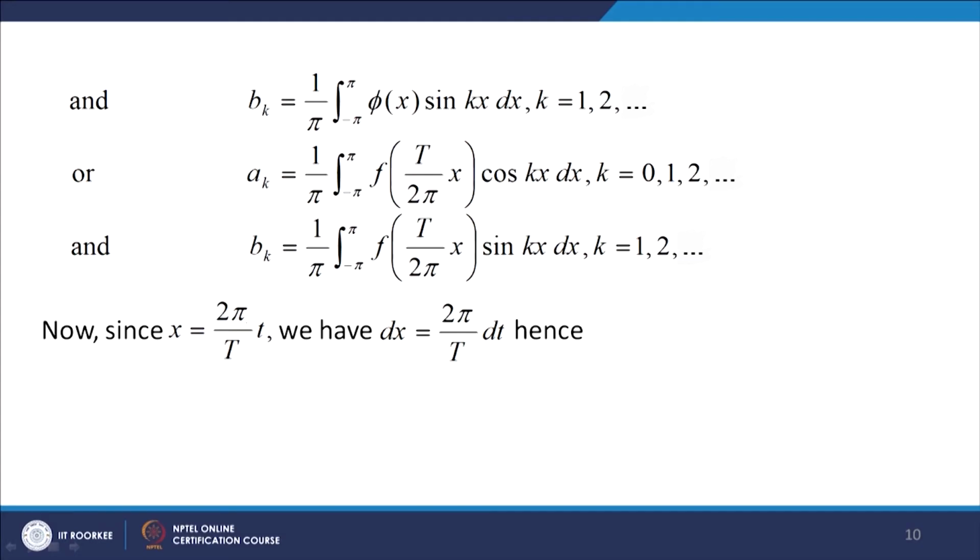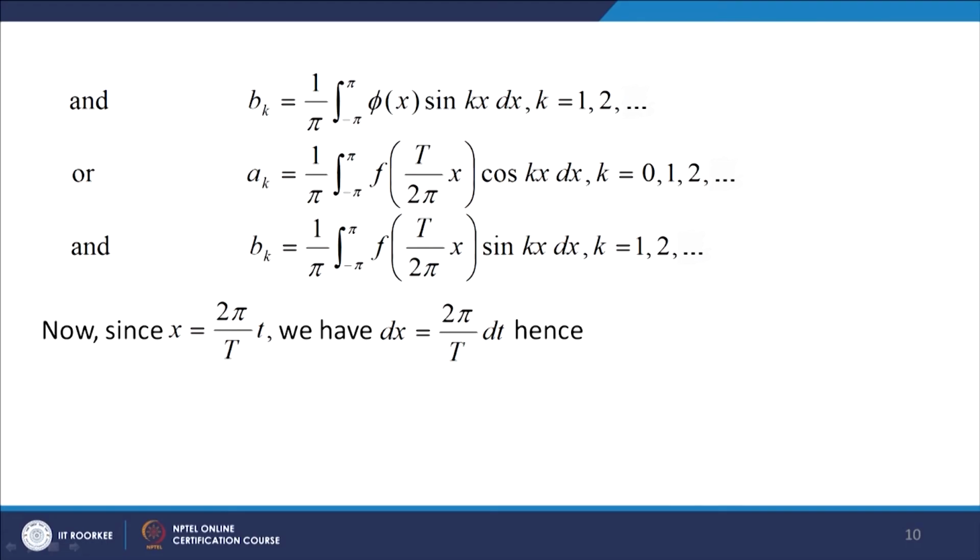Now, since x is equal to 2 pi over T, let us put the value of x as 2 pi over T into t, then this f becomes f(t). And in sin kx, x is equal to 2 pi over T into t.